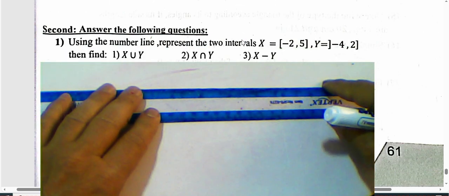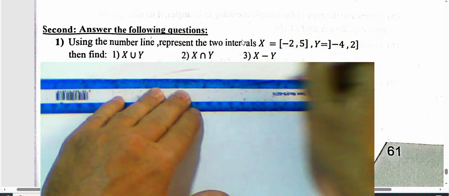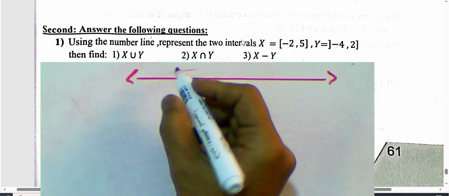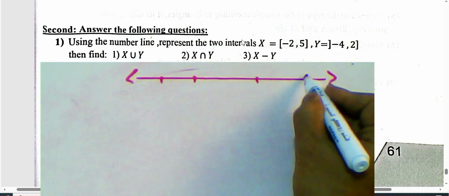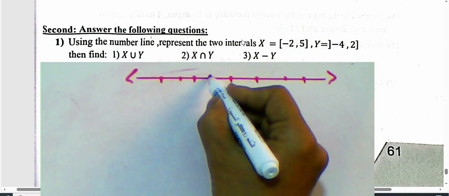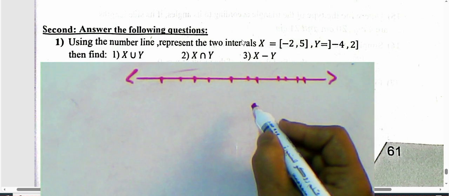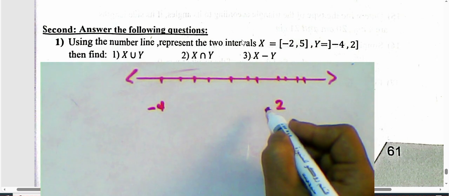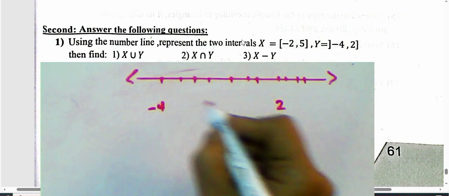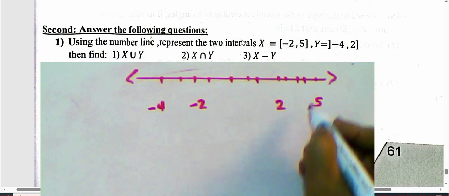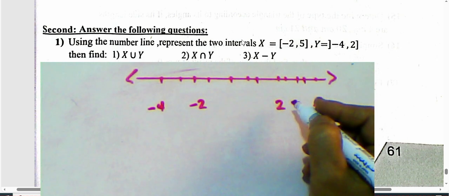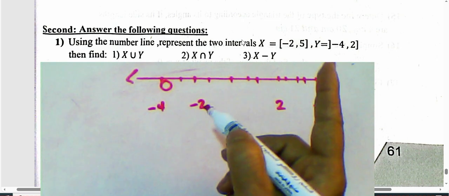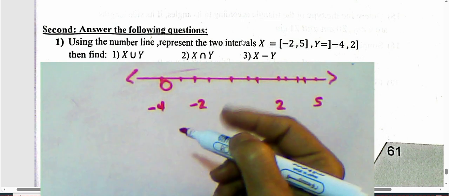Using the number line, find the relation between x and y. We can draw the number line like this. The first interval, y, is from negative 4 to 2: negative 4 open and 2 closed.